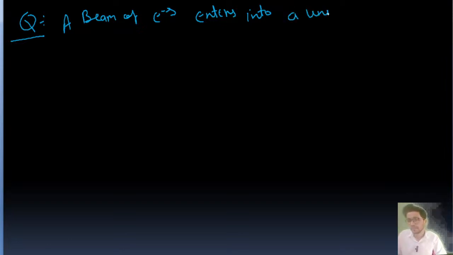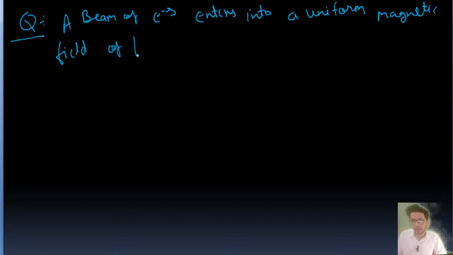A beam of electrons enters into a uniform magnetic field of flux density 1.2 Tesla.